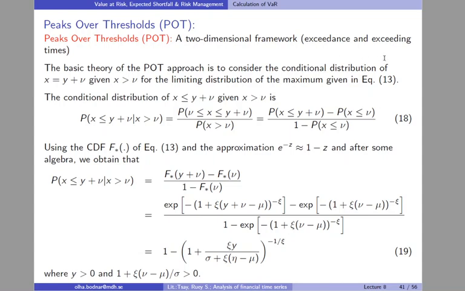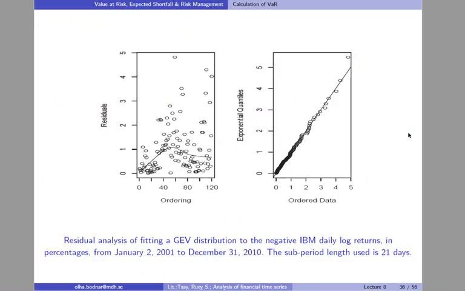Now we're going to see an interesting two-dimensional framework called peaks over thresholds. The basic theory of the POT approach is to consider the conditional distribution of x equal to y plus v, given that x is greater than v, for the limiting distribution of the maximum given by equation 13.